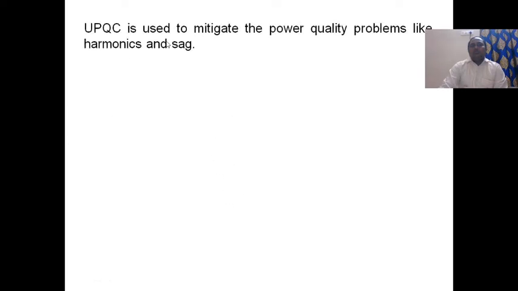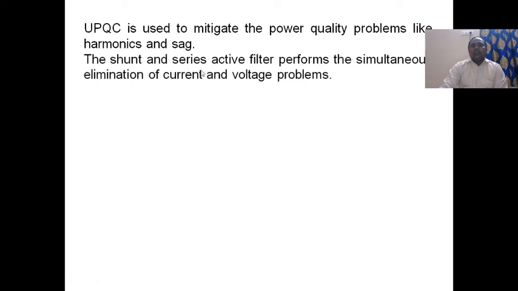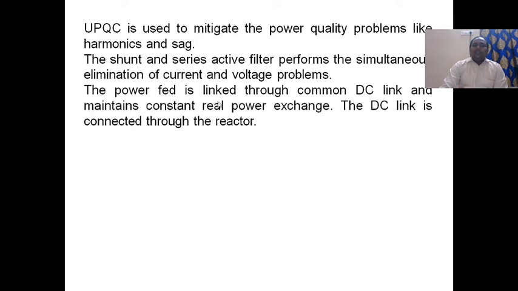UPQC is used to mitigate power quality problems like harmonics and sag. The shunt and series active filters perform simultaneous elimination of current and voltage problems. The power fed is linked through a common DC link and maintains constant real power exchange.